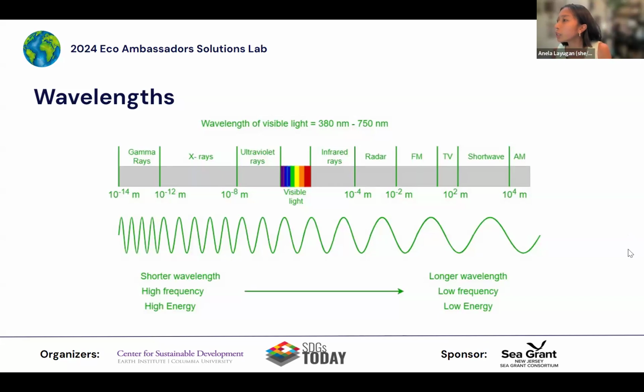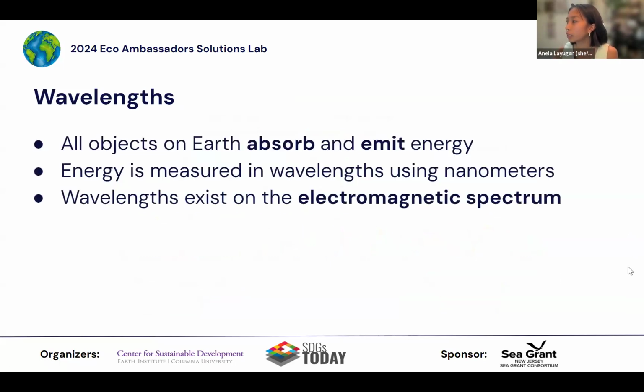Okay, so I'll just go back to the first slide, just as a recap, because I know it might be a lot of new information to take in. And if you haven't taken a physics class or an environmental science class, it'll be very new information. But basically, everything emits energy, and that energy is on the electromagnetic spectrum.